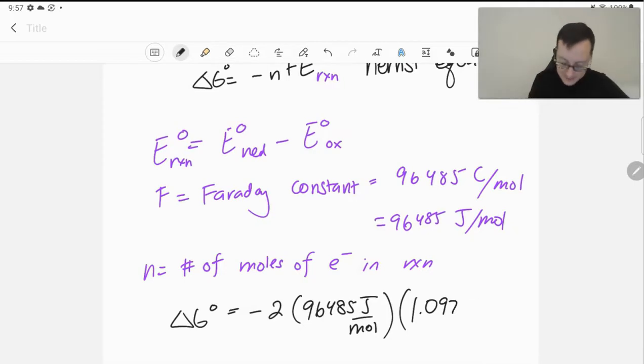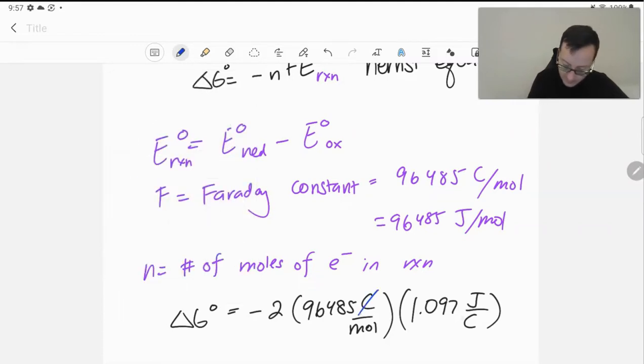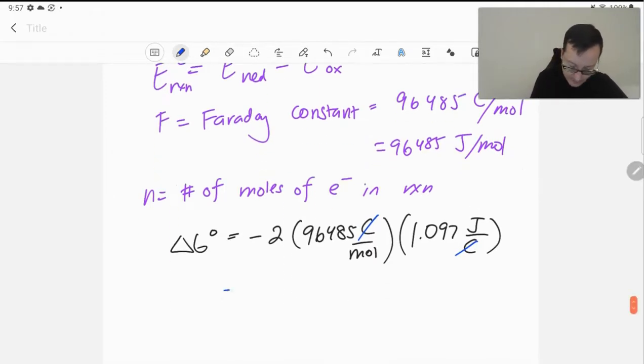We can put this in coulombs per mole. Actually, it's joules per coulomb, right? Because a volt is a joule per coulomb. So we can put the Faraday constant either way. We'll put it in coulombs this way because the coulombs will cancel out. We don't really need to worry about units. Delta G is always joules per mole or kilojoules per mole, depending on whatever we need it to be.